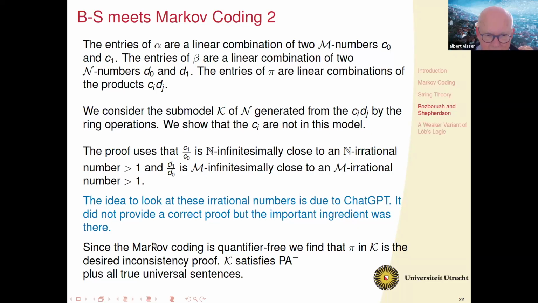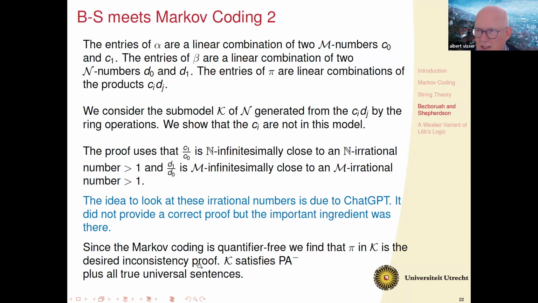Now the nice thing is, the Markov coding, this really comes into play, the four-dimensional coding. Sorry, you shouldn't make it one-dimensional using the pairing function, but the four-dimensional thing is completely quantifier-free. And so we find that this pi in K is really the desired inconsistency proof, right?